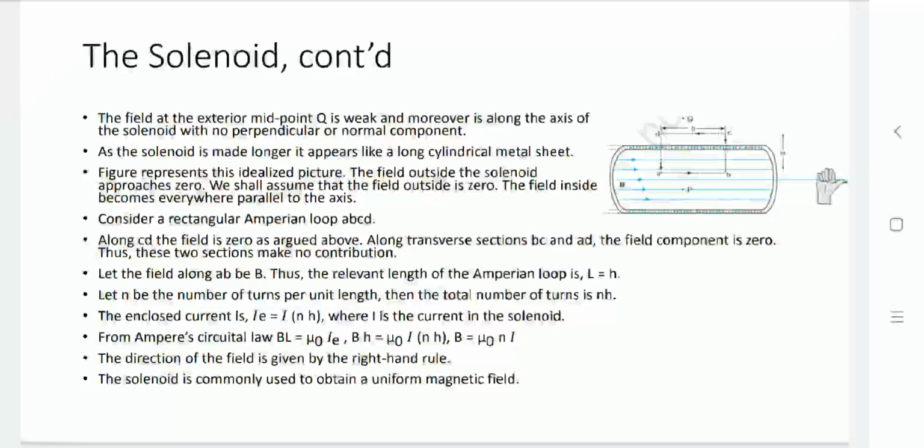So at the center point P the field is maximum, but on the outer side of the solenoid the magnetic field is not present.